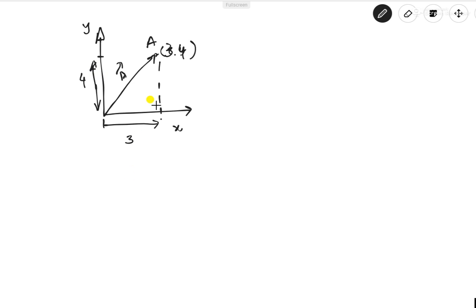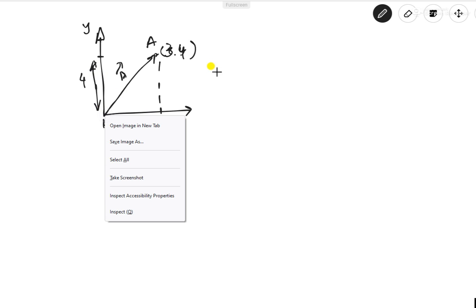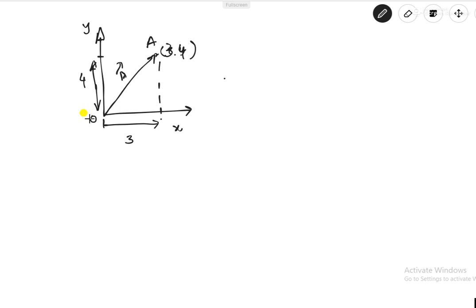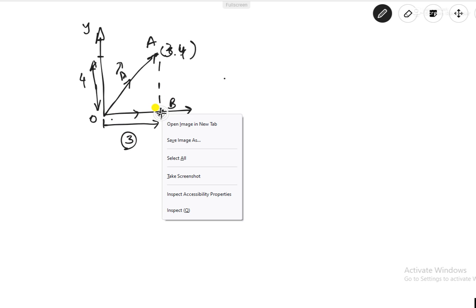Suppose you want to travel from point O to point A. The direct path is O to A. If there is an obstruction in this path, what path will you take? You can go via O to B. You will travel 3 units in this direction, and after reaching B, you will turn 90 degrees towards your left.